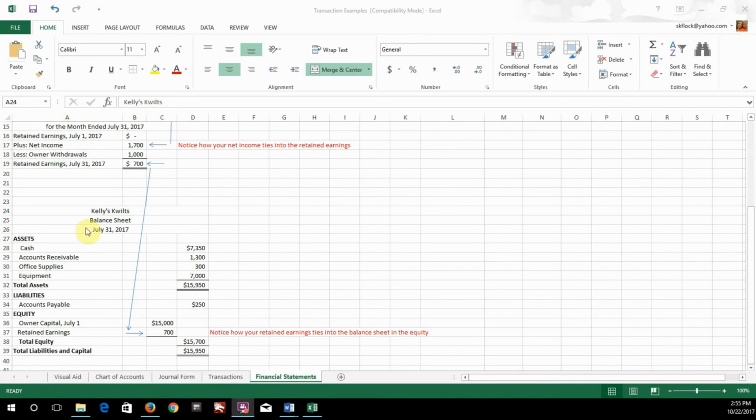And when you get down to it, everything ties to your balance sheet. The balance sheet is the main sheet that details the operations of the company. The retained earnings statement is only going to give you a detailed view of what is in that retained earnings number, and your net income is going to give you the detailed information as to what caused the changes to your retained earnings statement, except for the owner withdrawals or any dividends that may have been paid.